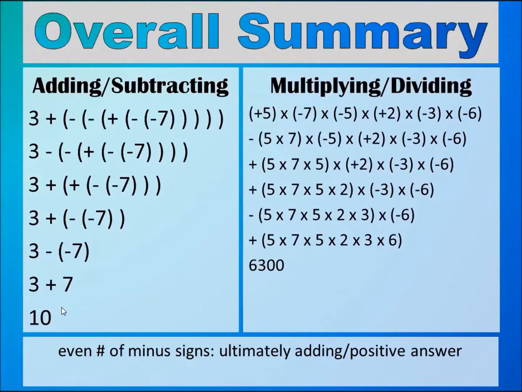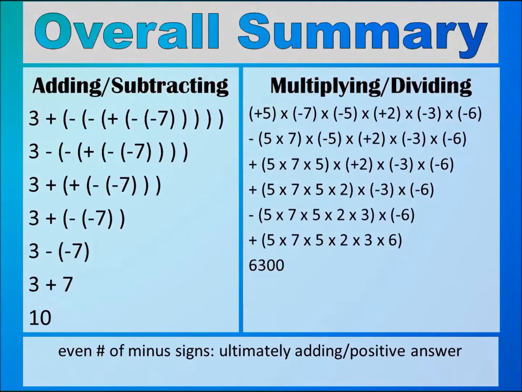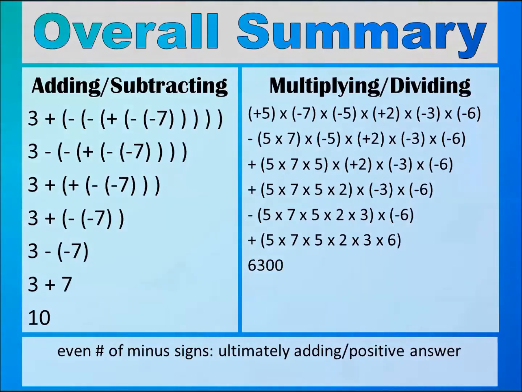You can think that you have a whole number of minus pairs, because you have an even number of minus signs. The number of minus signs you have is a multiple of 2. You can group up these minus pairs, and each of these minus sign pairs can be summarized as positive, because for each pair you have minus, minus, negative, negative.